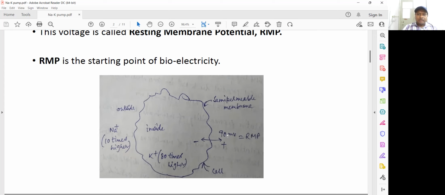Arbitrarily we assume that outside it is positive, inside it is negative. This is only our assumption. The polarity may be different, but the total potential difference between inside and outside is 90 millivolt, and this is fixed. This is what we will call the RMP. So this RMP is the starting point of bioelectricity.